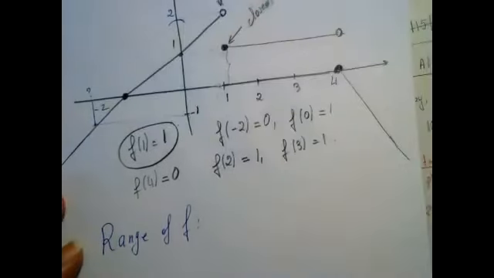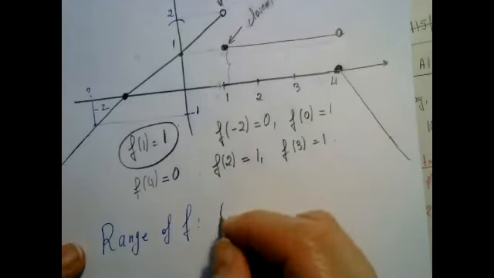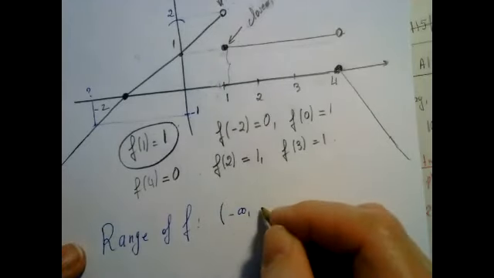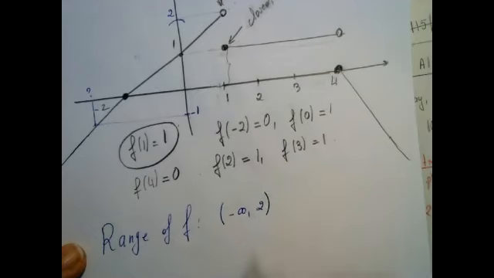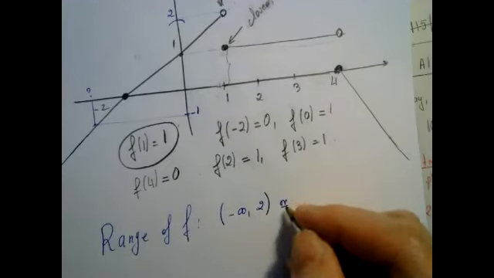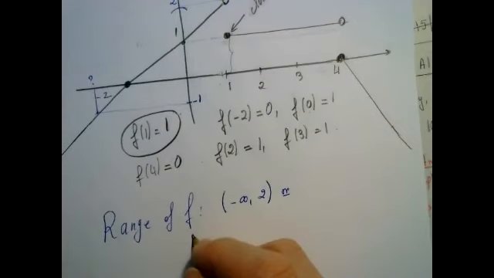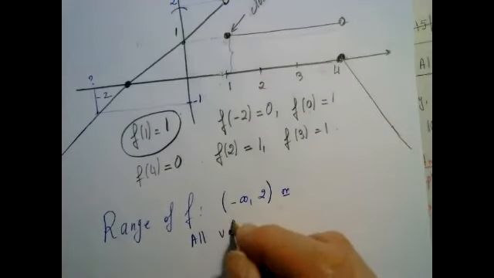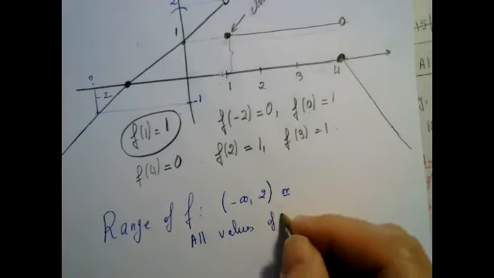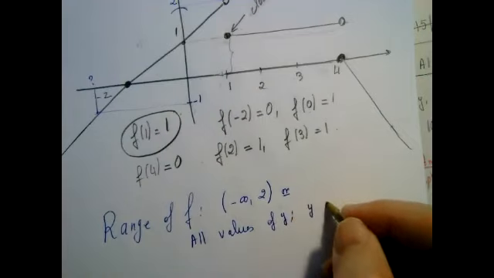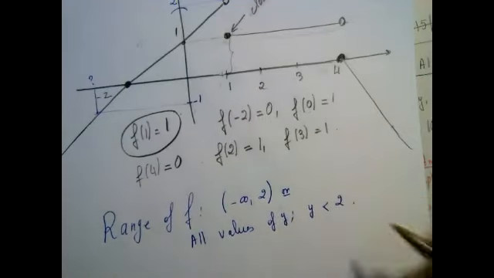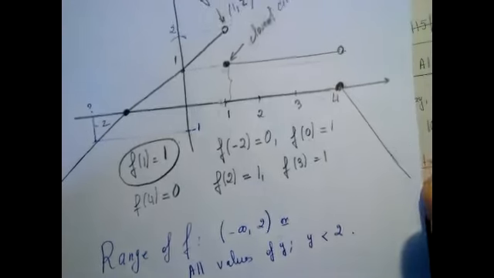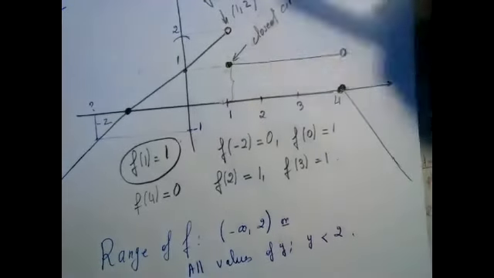So the range of f, we're going to write it in the following terms: minus infinity all the way to 2, or if you don't like the interval notation, all values of y such that y is strictly less than 2.